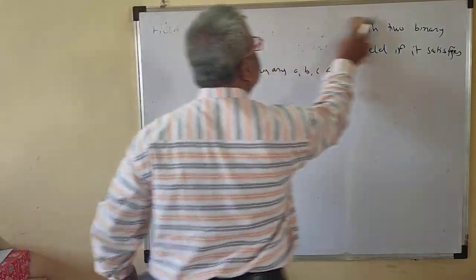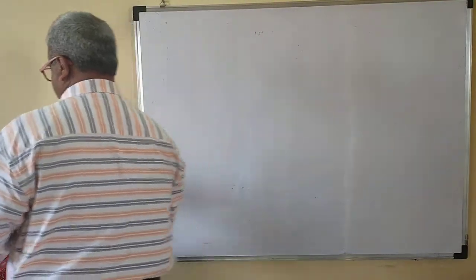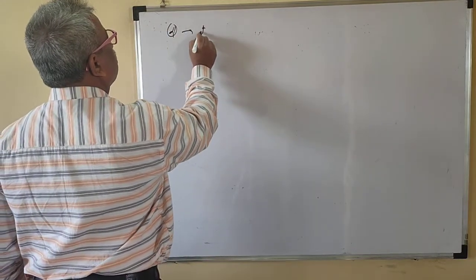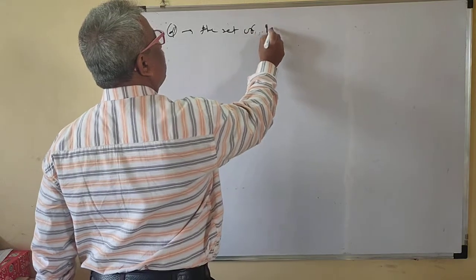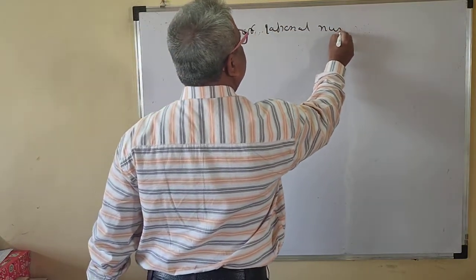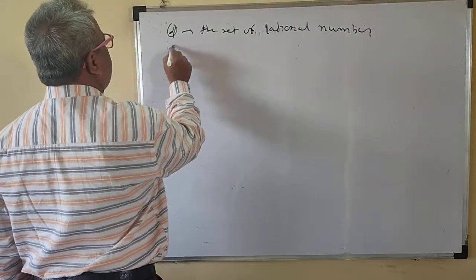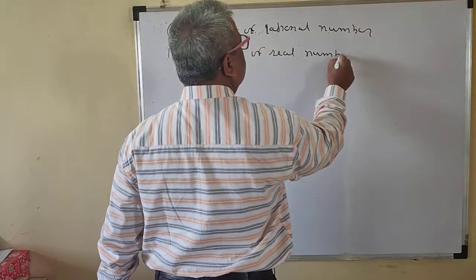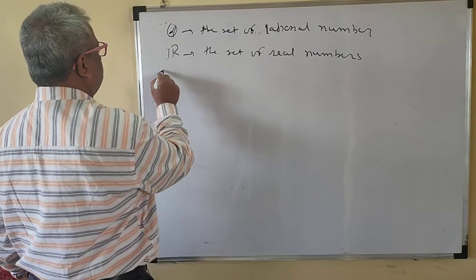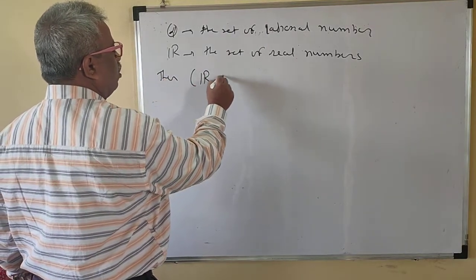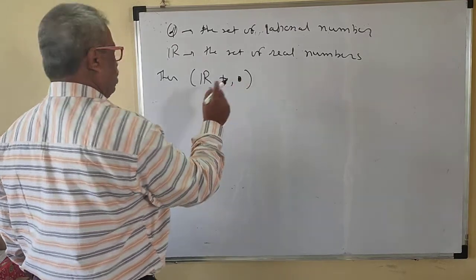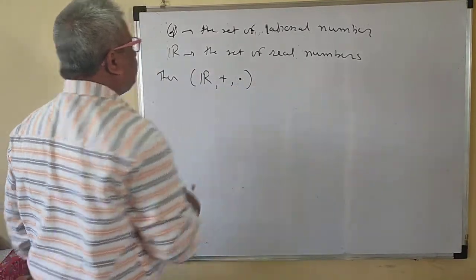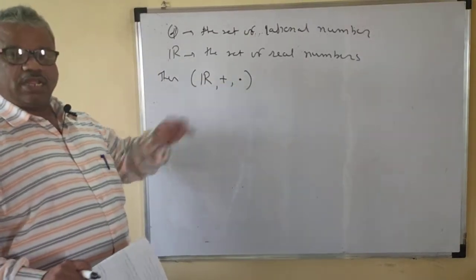Now we'll see, Q is the set of rational numbers, and R is the set of real numbers. Then R, plus, dot, that is multiplication, means R is a field with respect to addition and multiplication.